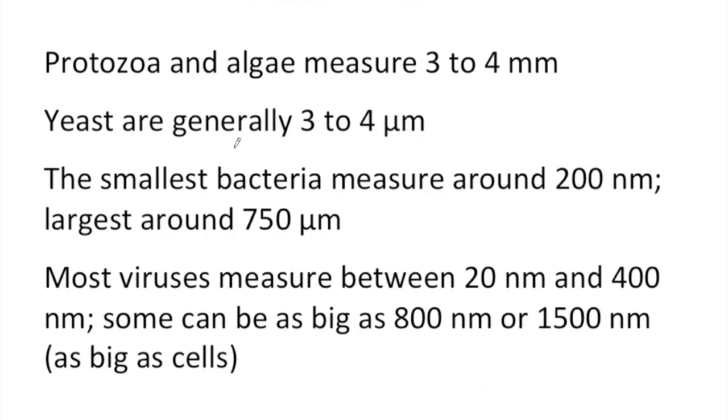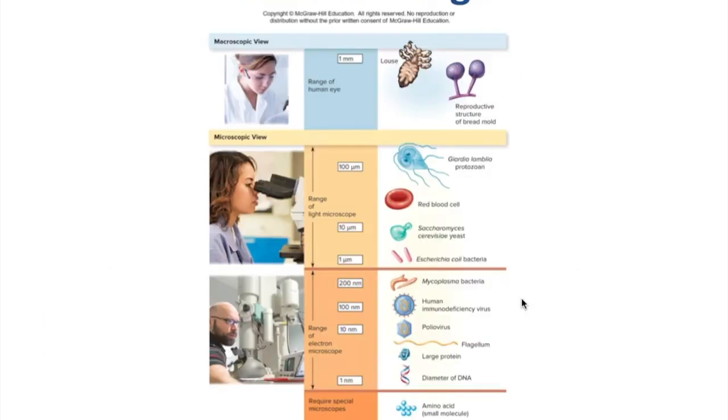The yeast are smaller, 3 to 4 micrometers, so we have to use a microscope. The viruses are very tiny, at the nanometer scale, so we have to use an electron microscope.